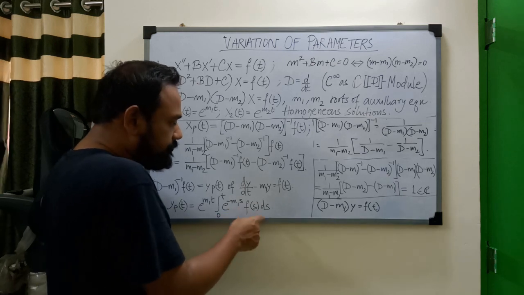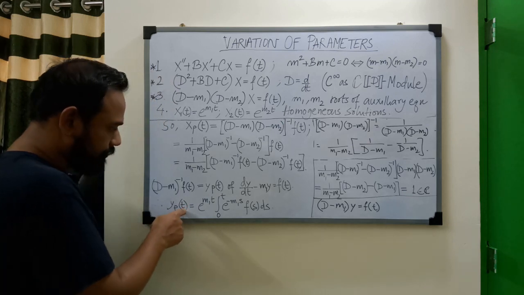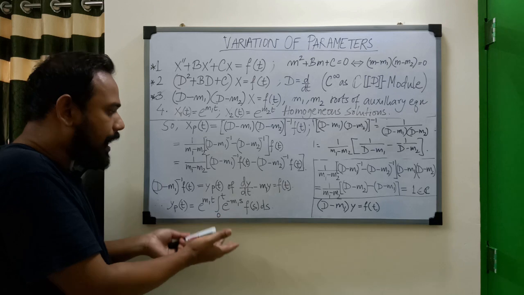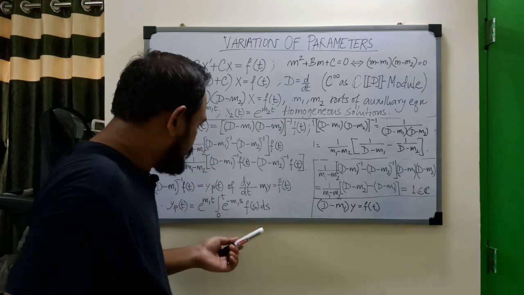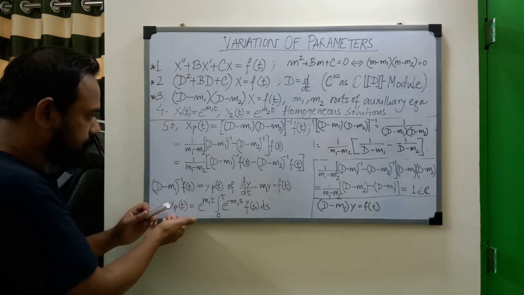I'm using a dummy variable s here to integrate from 0 to t, because this is a function of t. This is something that we learned a long time back when we were doing first order linear differential equations.